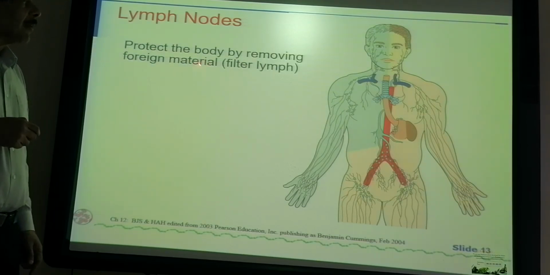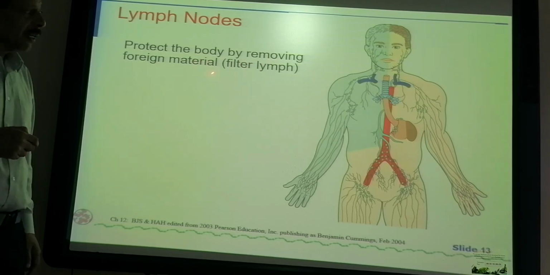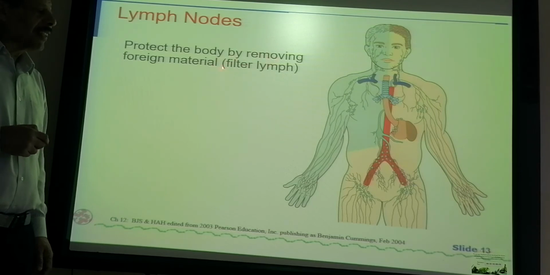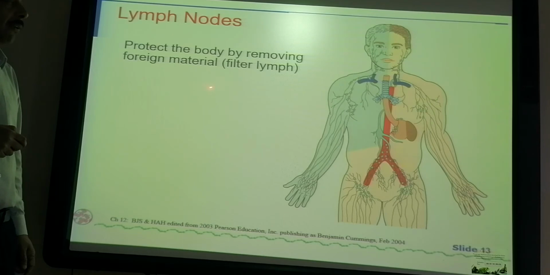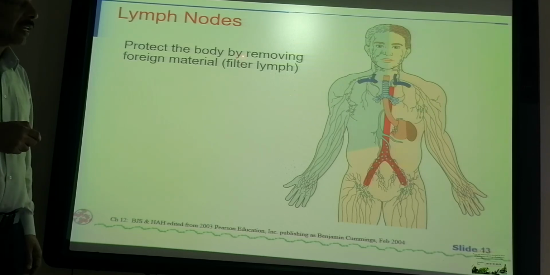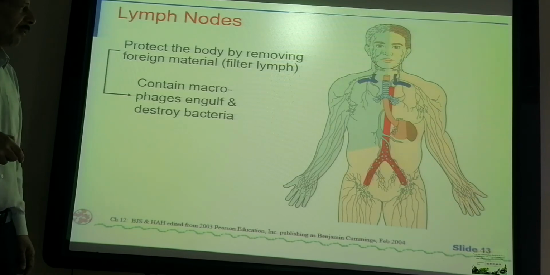The lymph node protects the body by removing foreign material, so it filters the lymph. It will lead to filtration of the lymph and prevent any material from going back to the circulation, as we said, by the lymph node.